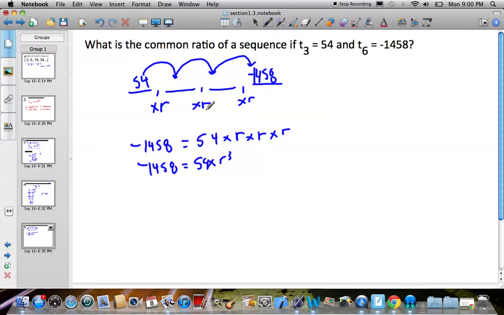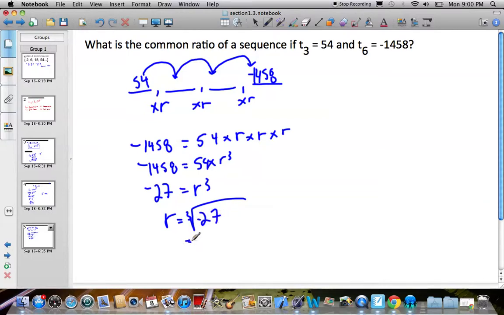Now I'm going to divide both sides by 54. So I'm going to have negative 1458 divided by 54, and it gives me 27. What a lovely number, or negative 27, is equal to r to the 3. And of course, now I have to take the cube root of negative 27. So r is equal to, and hopefully your calculator has a function that allows you to do that.